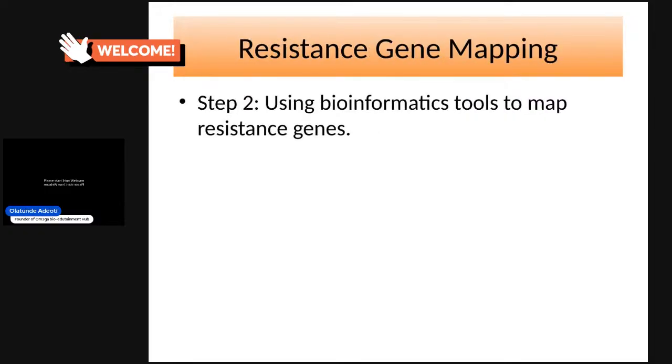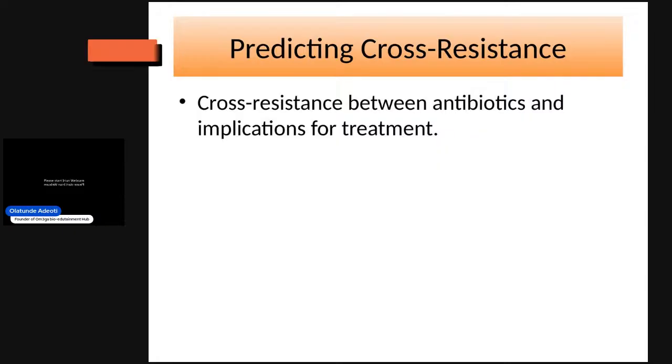So identifying resistance genes, how to analyze sequencing and so on like that. Then resistance gene mapping, using bioinformatics tools to map resistance genes. Then predicting cross resistance. There are some antibiotics that all bacteria or all microorganisms can develop resistance to.